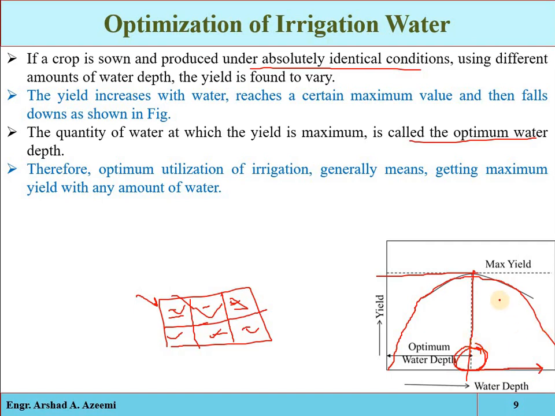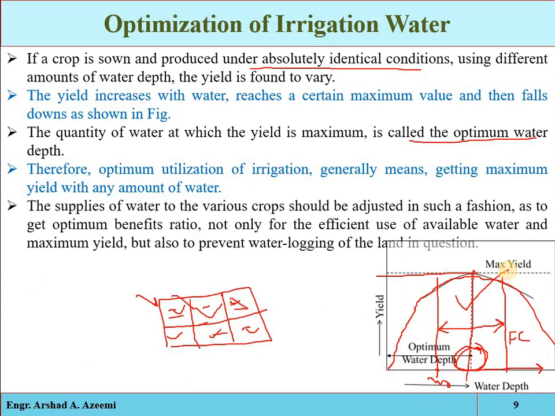So we are taking some range: the upper limit up to which the water is available in the root zone for extraction, which is called the field capacity, and some lower limit beyond which the crop will be affected, that is the lower limit of the readily available water. Then we consider this range: if the moisture content is provided to the crop in between these two values throughout the season, then the crop yield will be optimum.